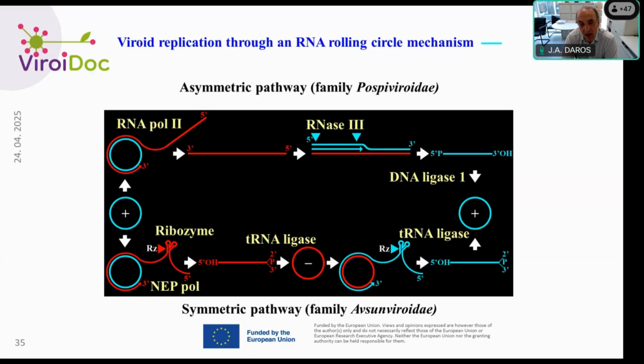For example, RNA polymerase II or the chloroplastic RNA polymerase, both of them use DNA templates in the cell. However, related to viroid replication, they are able to copy an RNA template. The same can be said for DNA ligase 1, that, as the name indicates, in the cell acts as a DNA ligase. However, the viroids manage to recruit this enzyme to ligate the RNA monomeric intermediate.